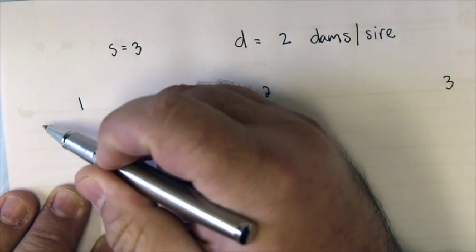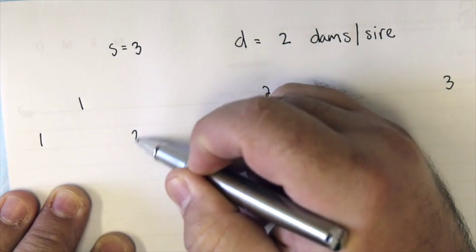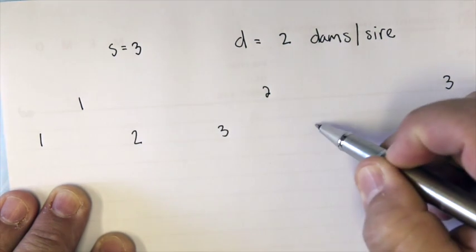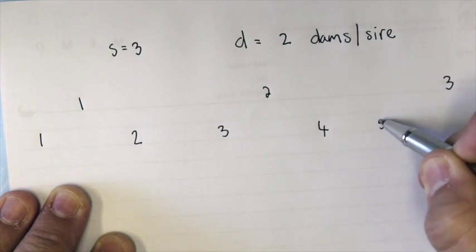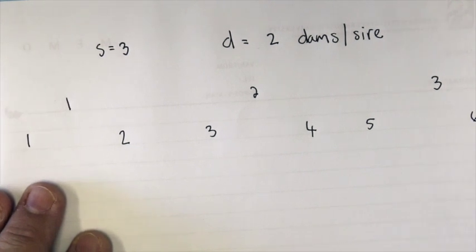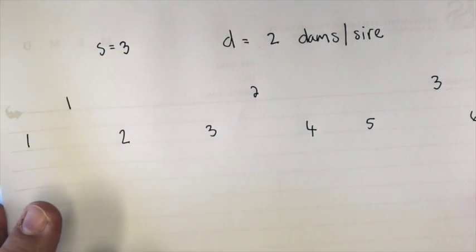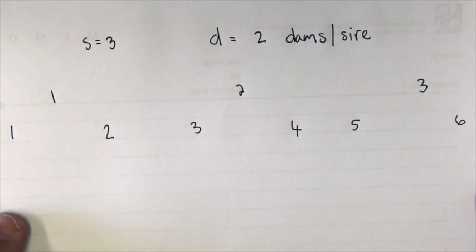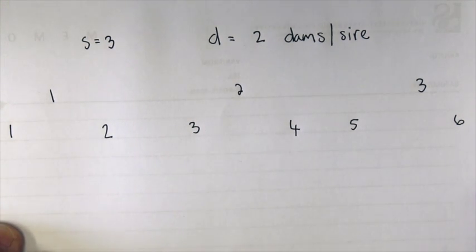So in our data we already know from the structure that it's 1, 2, 3, 4, 5, 6. So we can already see the pattern emerging, and we have 6 half-sib families. Now let's add the data.